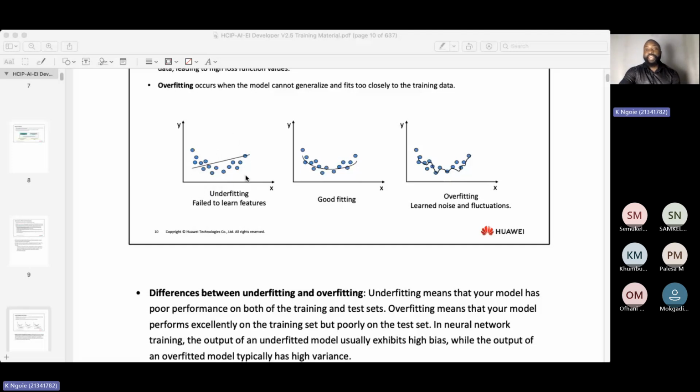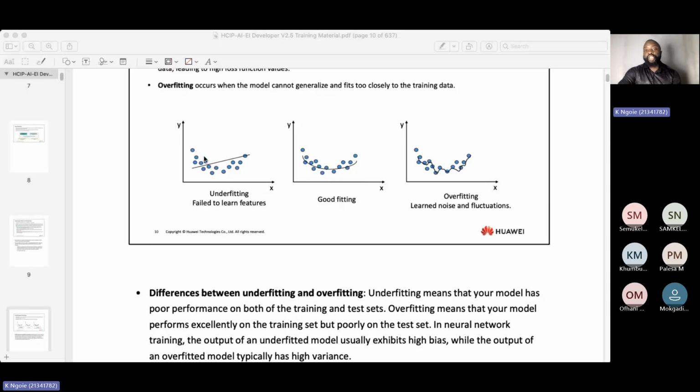So the training error is going to be really high. In terms of generalization, the model is really poor because it doesn't fit the training data well, so it didn't learn enough from the data. An example of this can be training a model with the wrong algorithm, so it doesn't really learn properly.